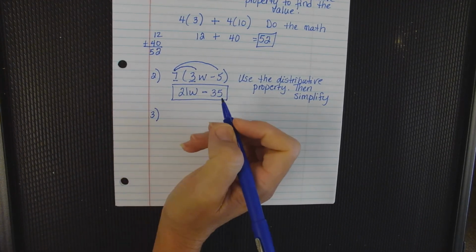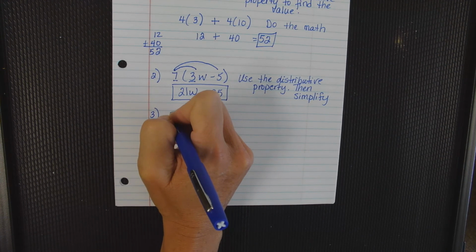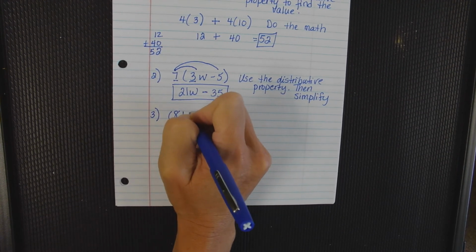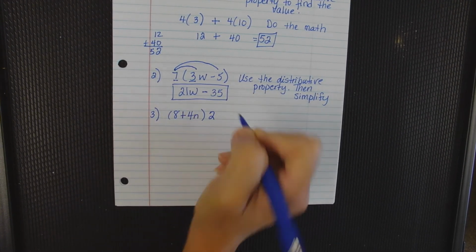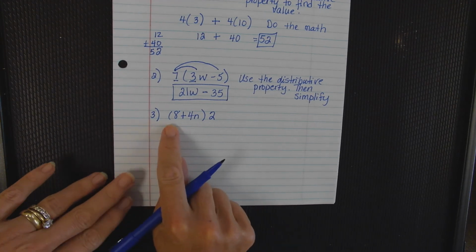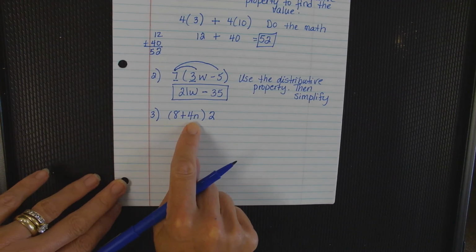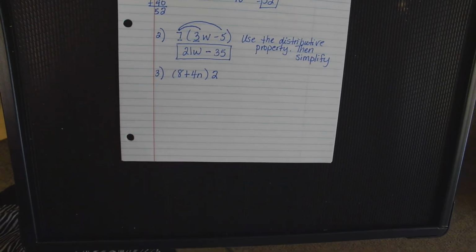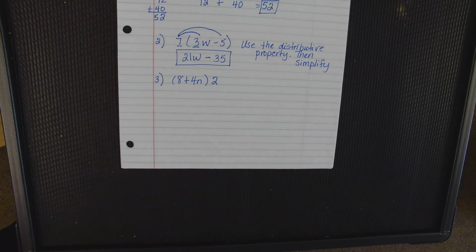All right, I want you to try this one by yourself. Eight plus 4n in parentheses times 2. Locate the number that will be distributed. What is it? 2.